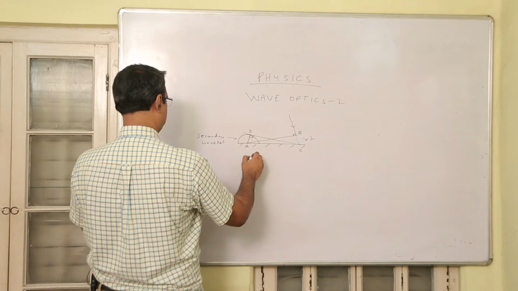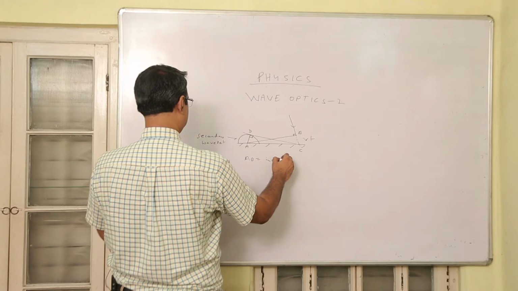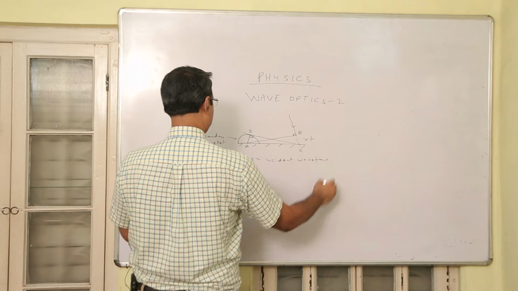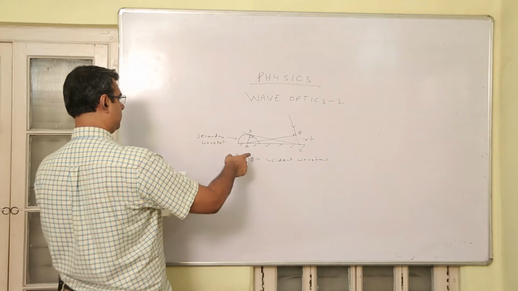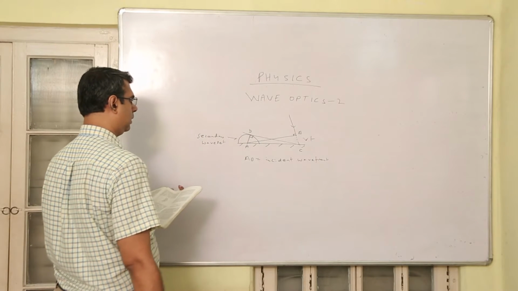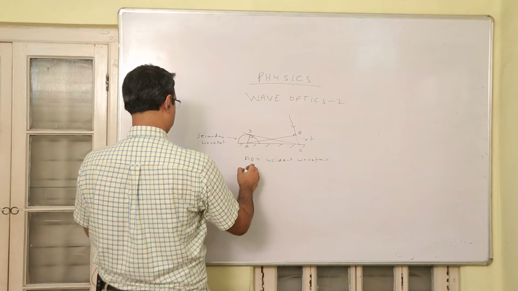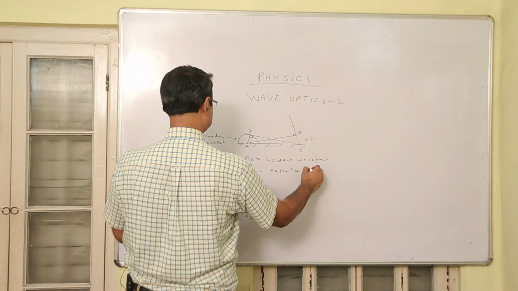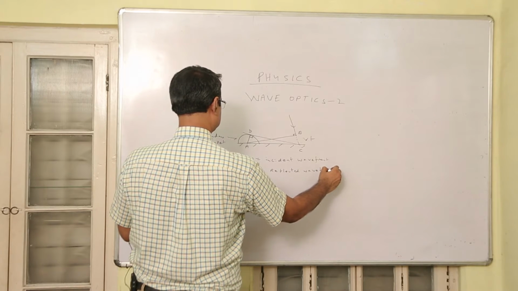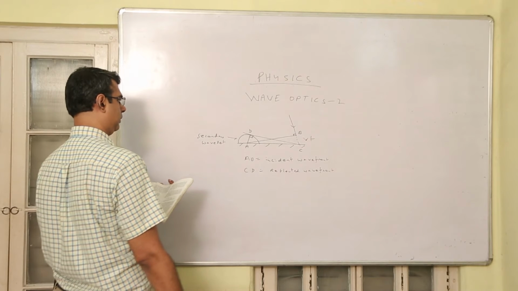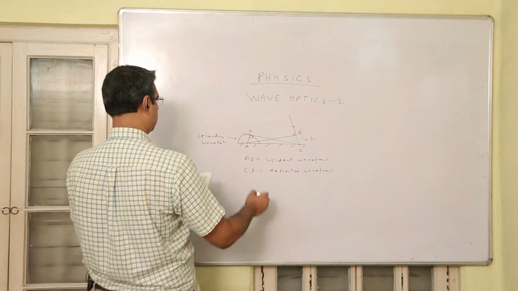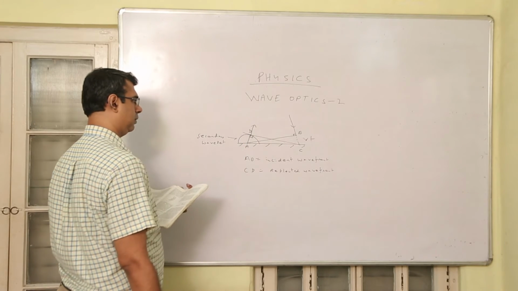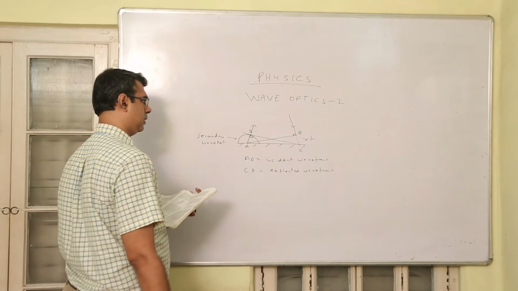Now, I told you that AB is the incident wavefront, and by using the Huygens principle, we drew a secondary wavelet, and that helped us to draw the reflected wavefront, which is CD. So CD is the reflected wavefront, which means that AD is the reflected wave, just like BC is the incident wave.